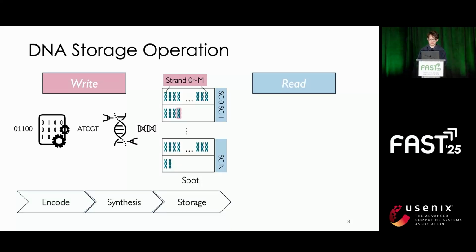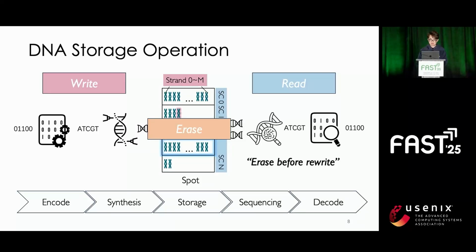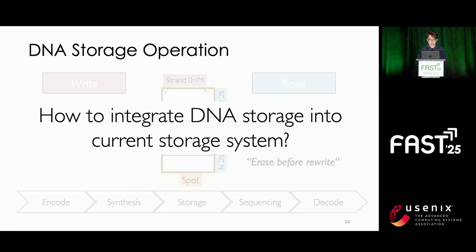For the read operation, we first sequence all the DNA strands in an SC to get the nucleotide sequence, and then we decode the nucleotide sequence into binary data. Due to the immaturity of the DNA modification technique, we need to erase before write, just like flash SSD. For an erase operation, we clear all DNA strands in the spot.